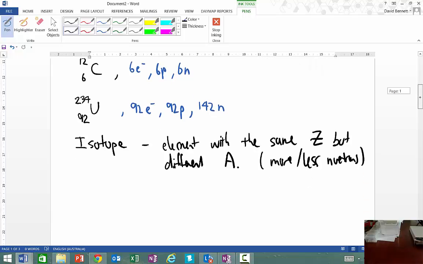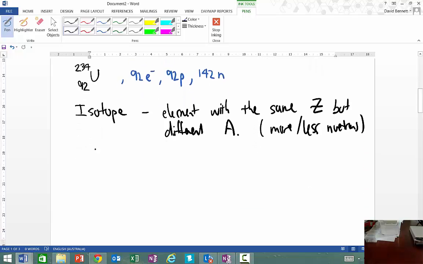A very simple example, from carbon dating: there is carbon-12, which has 6 protons. If it doesn't have 6 protons, it's no longer carbon, it'll be something else. And then you've got carbon-14.